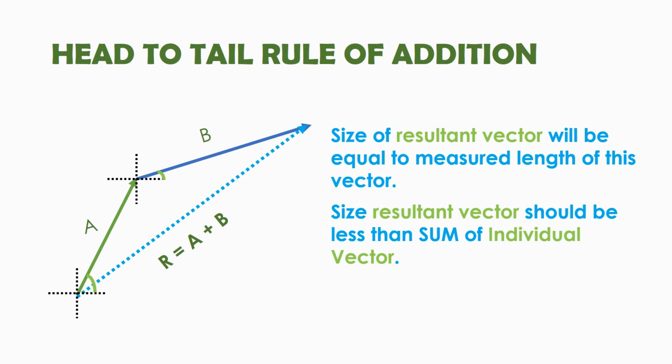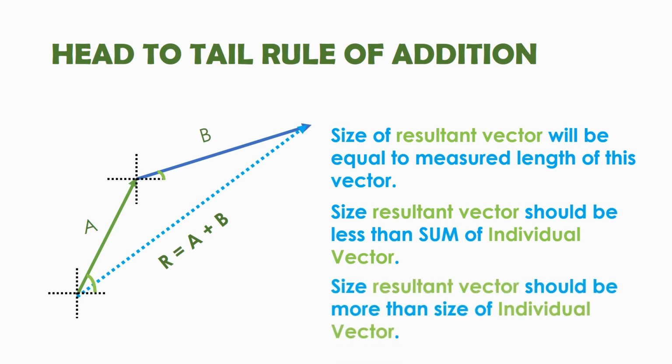But the resultant vector should be more than the size of the individual vector. So if vector A has a size of 3 meter and vector B has a size of 4 meter, then when we are adding them, it will provide us 7 meter.